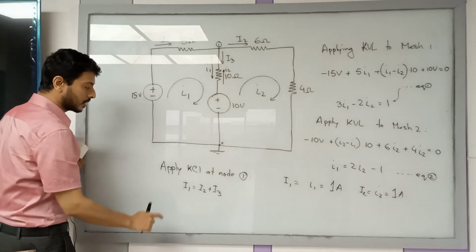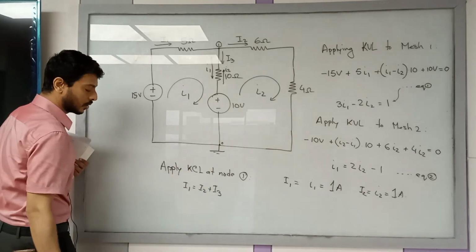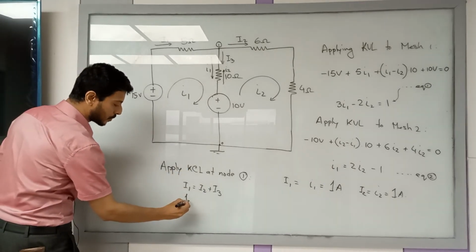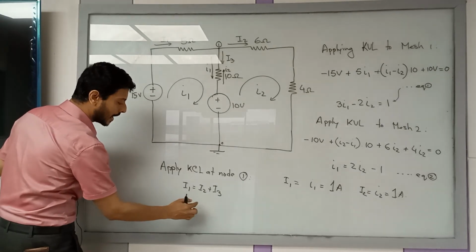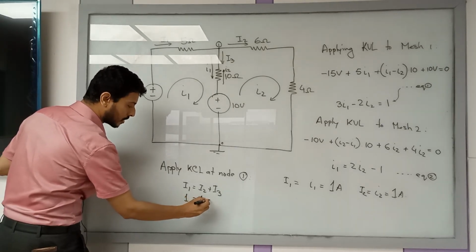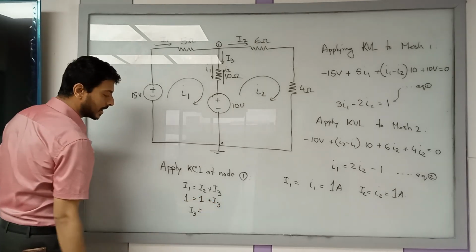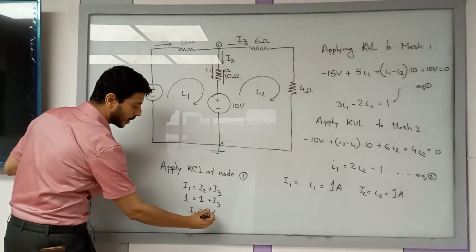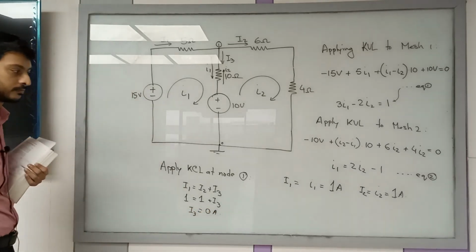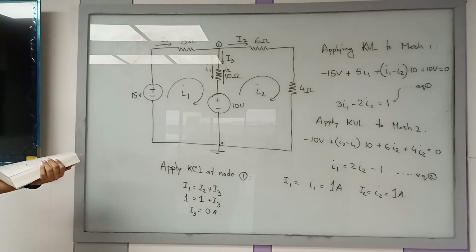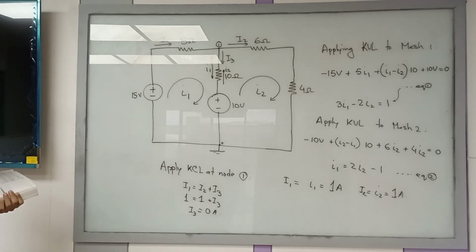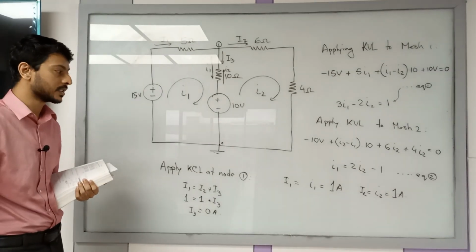This is the equation when you use KCL. So you know I1, which is 1, you know I2, which is also 1, so you can find I3 from here. Your I3 current should be equal to 0 ampere. So you have found all the unknown parameters in your circuit. So this is how you solve mesh analysis problems.